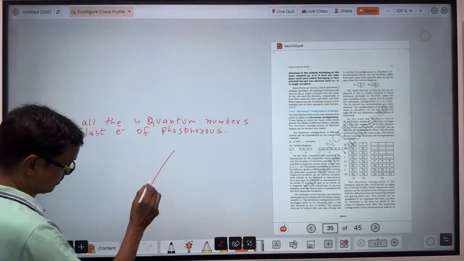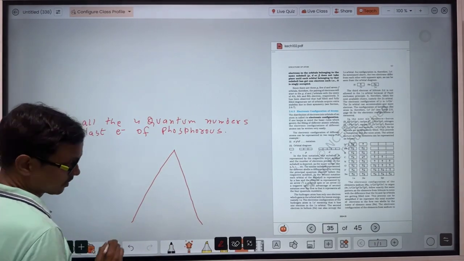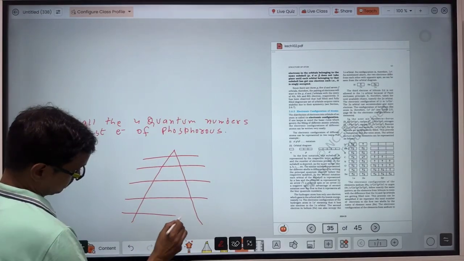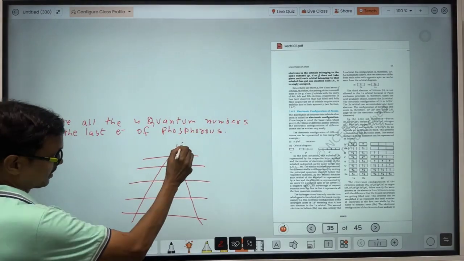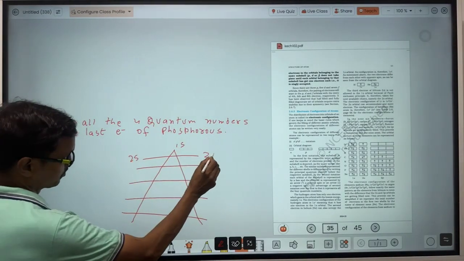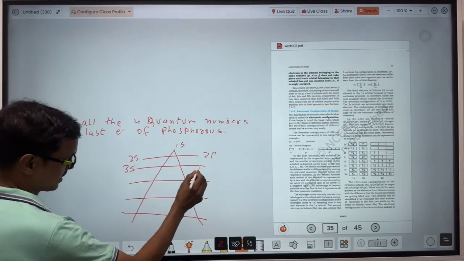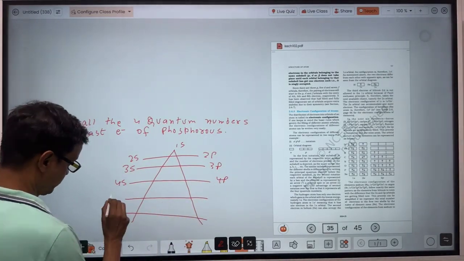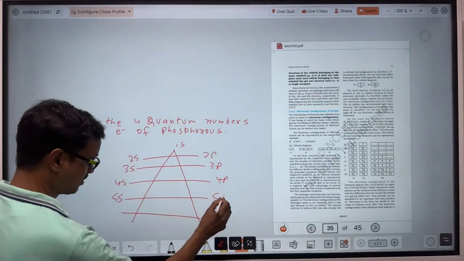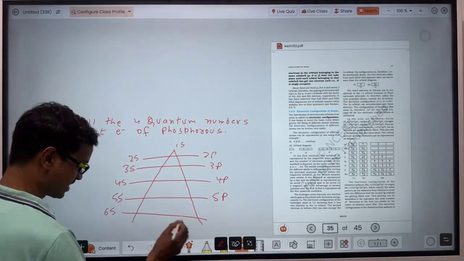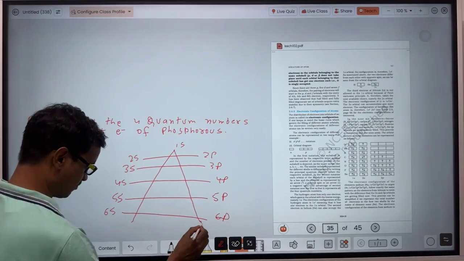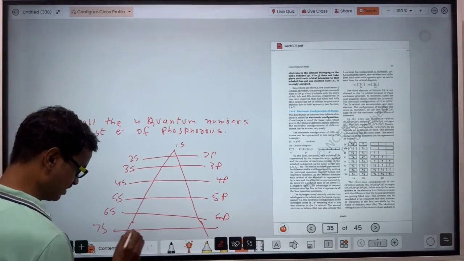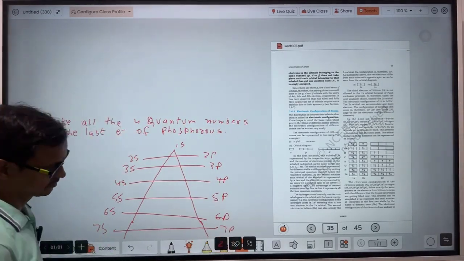Firstly draw a triangle like this. Draw a triangle, and then along this line: 1s, then 2s, 2p, 3s, 3p, 4s, 4p, 5s, 5p, 6s, 6p, and once more, 7s and 7p.